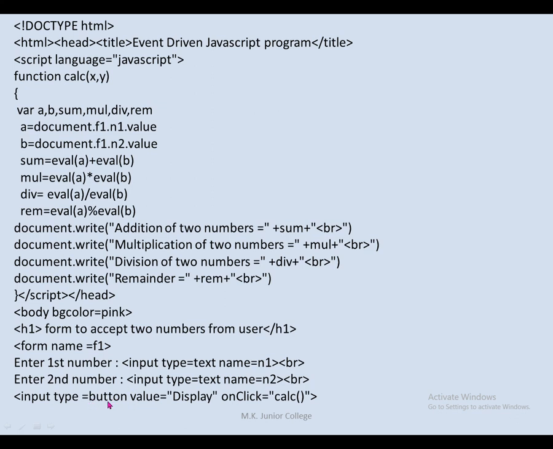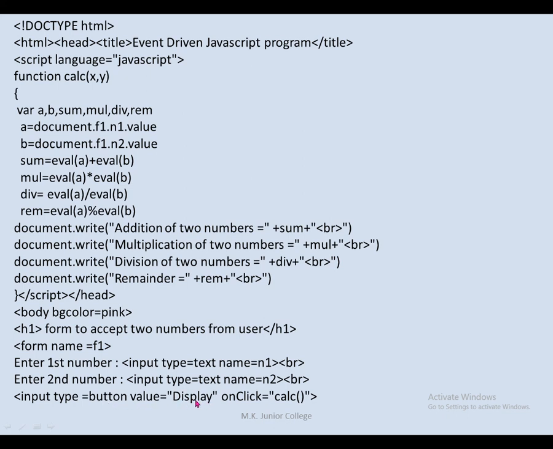Submit and reset have their own functionality. Submit sends something to the server. When you say reset, it resets all the values. When you say button, you are creating your own button.